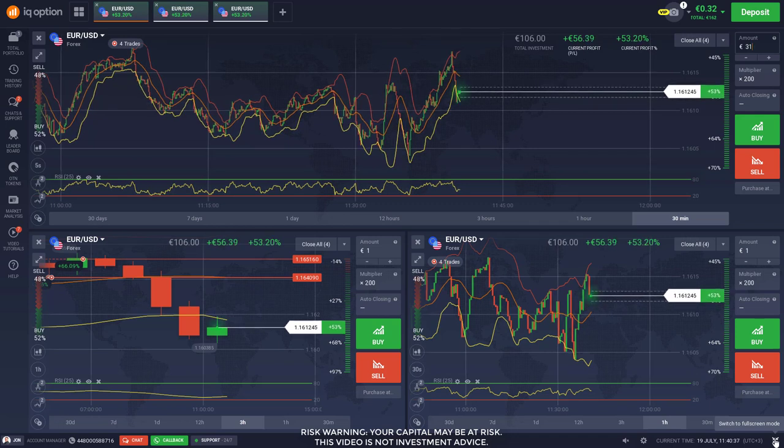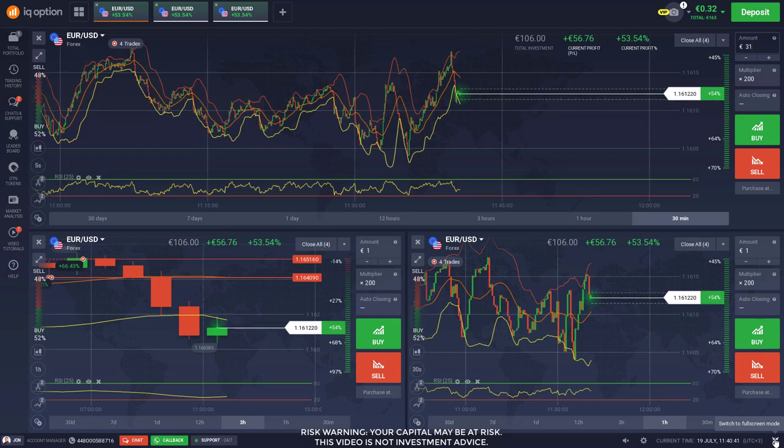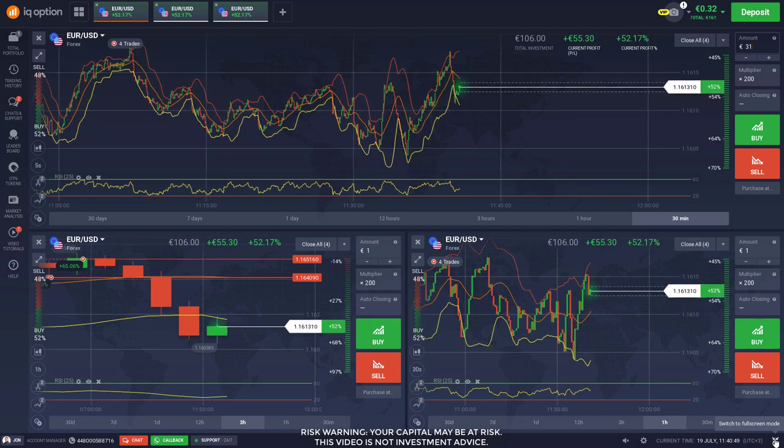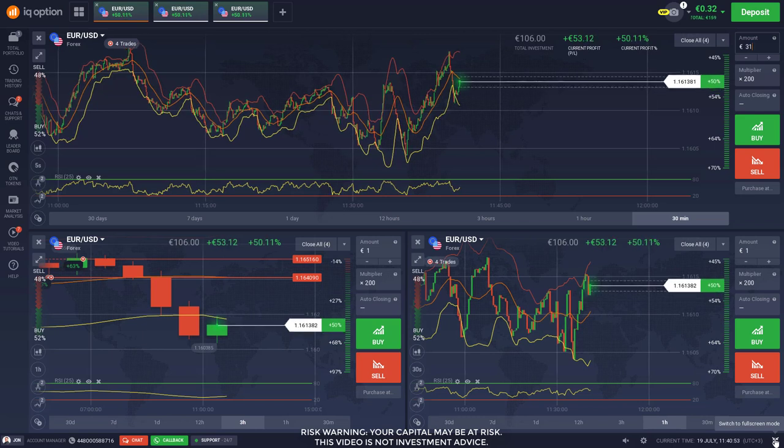So if you miss the previous closing opportunity, then you have to wait. Now the 1 hour candle is green, but this will turn back to red.